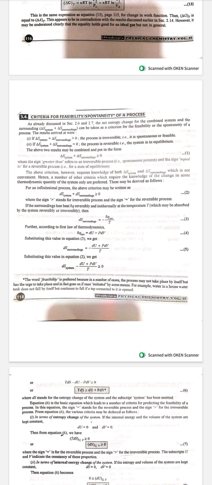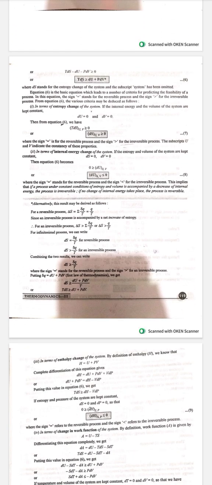If the surrounding absorbs delta Q reversibly and isothermally at the temperature T, which may be given by the system reversibly or irreversibly, then dS surrounding is equal to delta Q reversible upon T. Further, according to the first law of thermodynamics, delta Q is equal to dU plus PdV. Substituting, dS surrounding is equal to minus (dU plus PdV) upon T. Substituting in the criterion, dS system minus (dU plus PdV) upon T is greater than or equal to 0, or TdS minus dU minus PdV is greater than or equal to 0, where dS stands for the entropy change of the system and the subscript system has been omitted.